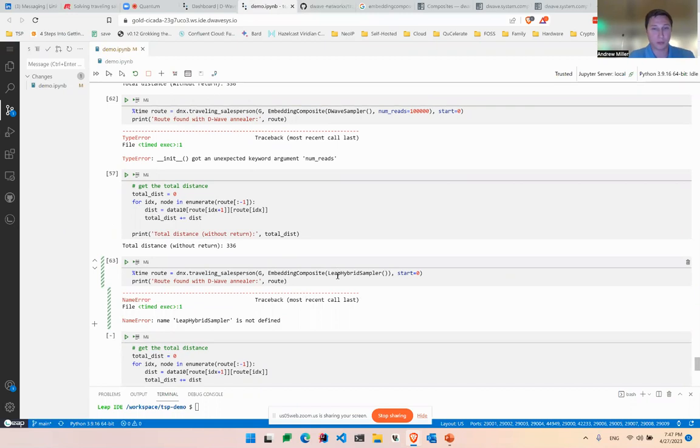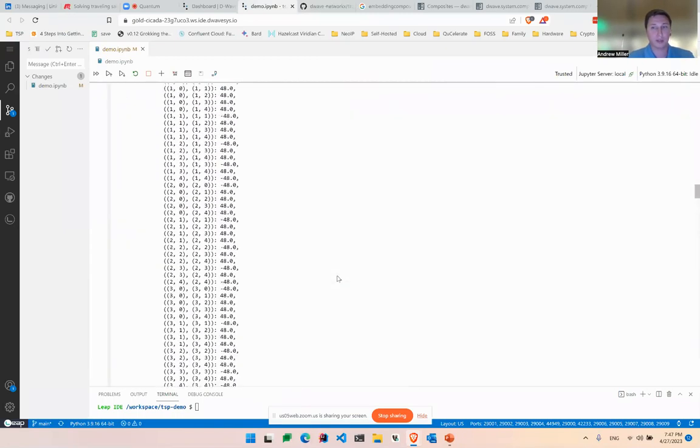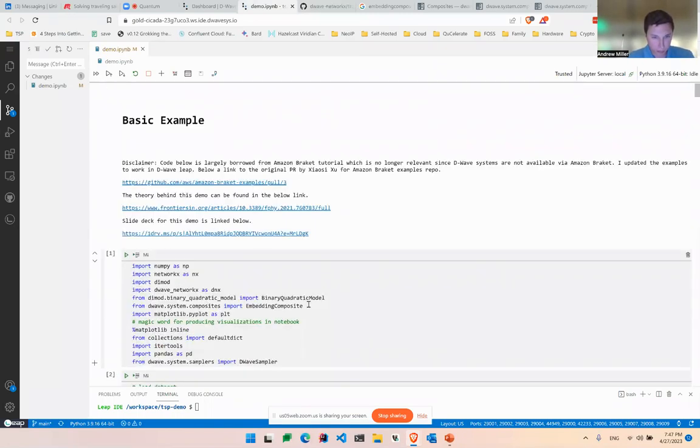And I do need to import it. Go back and import that. Oh, it's not composite.